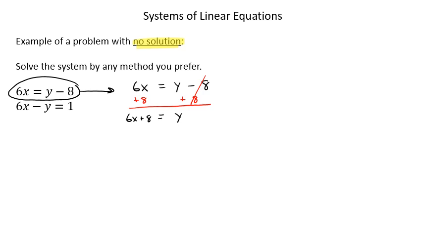So that means anywhere I see a y, I could replace it with 6x plus 8. So I'm going to take the 6x plus 8 and put it in for the y. So then that second equation, now instead of 6x minus y, I'm going to have 6x minus what y is equal to, which is 6x plus 8.